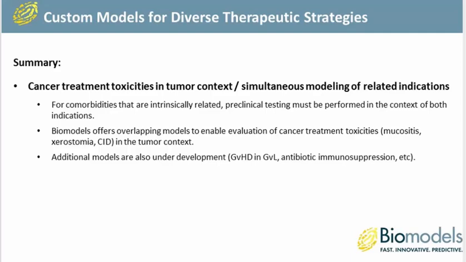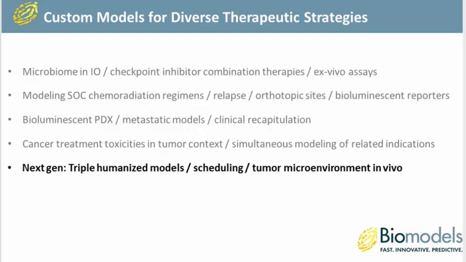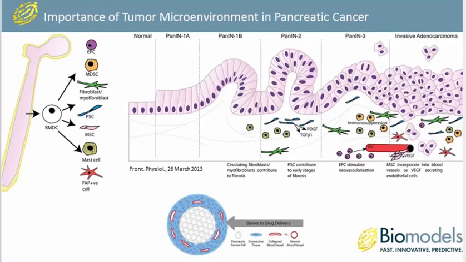And additional models are also under development, such as GVHD and GVL, graft versus leukemia situation, antibiotic immunosuppression, et cetera. So last, I'm going to talk about next generation models, referred to as triple-humanized models. Also talk a little bit about scheduling and tumor microenvironment in vivo.